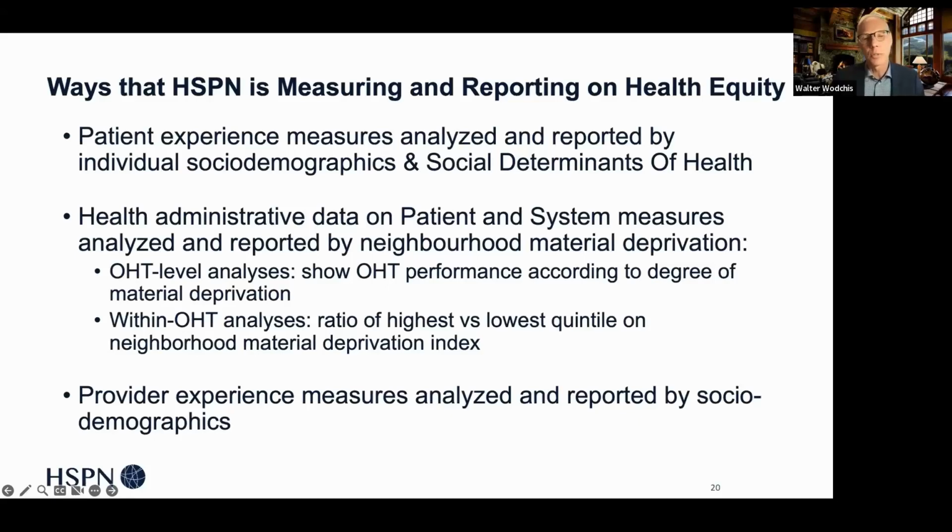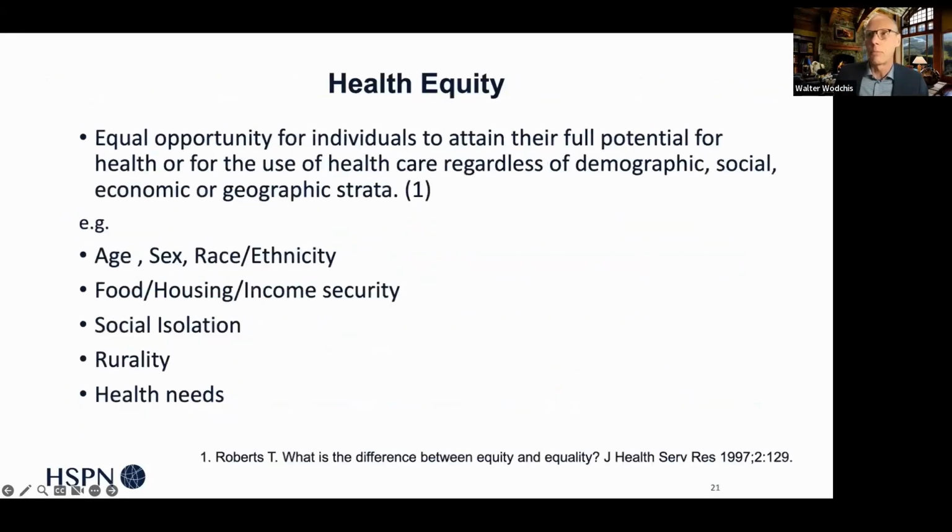And then for provider experience measures, we also have that individual sociodemographics approach. So when we have the individual sociodemographics, coming back to that equal opportunity for individuals to attain their full potential health, these are some of the things that are both non-modifiable and modifiable.